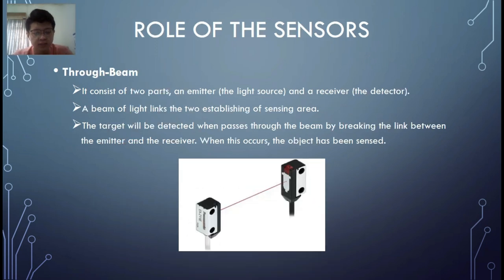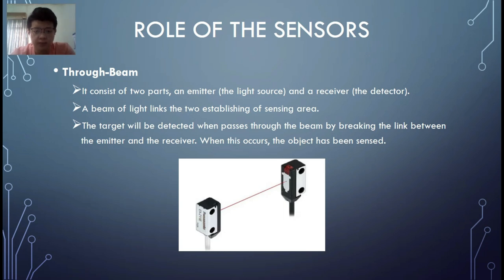Next, the sensor is the through-beam sensor. The through-beam sensor consists of two parts. The first part is an emitter, which is the light source, and the second part is a receiver, which is the detector. In operation, a beam of light links the two across the sensing area.